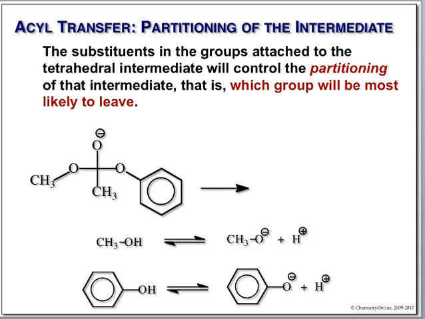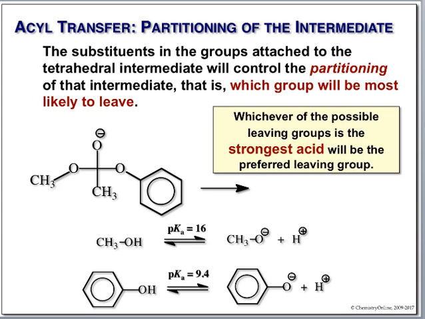So if we simply look at the two acid dissociation equilibria, one leaving group here is methoxide, that's methanol. This is phenoxide, or phenol. What are their acid dissociation constants? 16 and 9.5. Whichever leaving group is the strongest acid is going to be preferred.